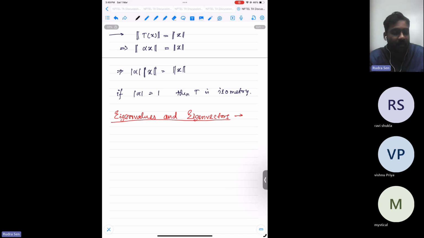But sometimes we get the same vector with a scaled version of that vector, either an enlarged version, a shrunk version, or a similar vector. Those vectors are called eigenvectors, and the scaling value is known as the eigenvalue.